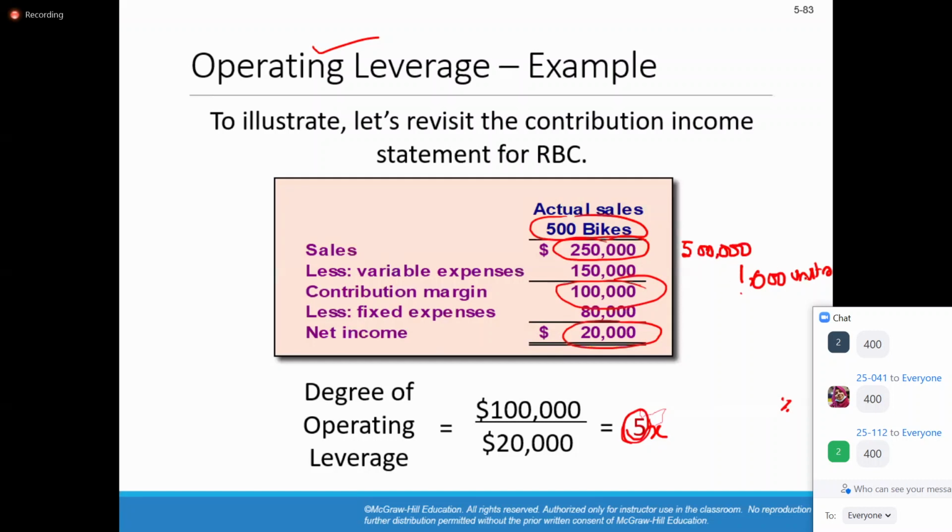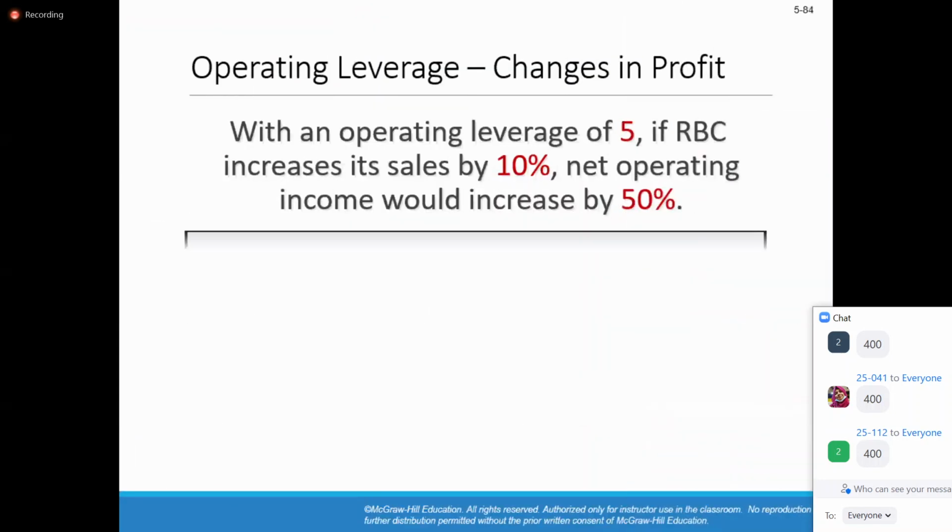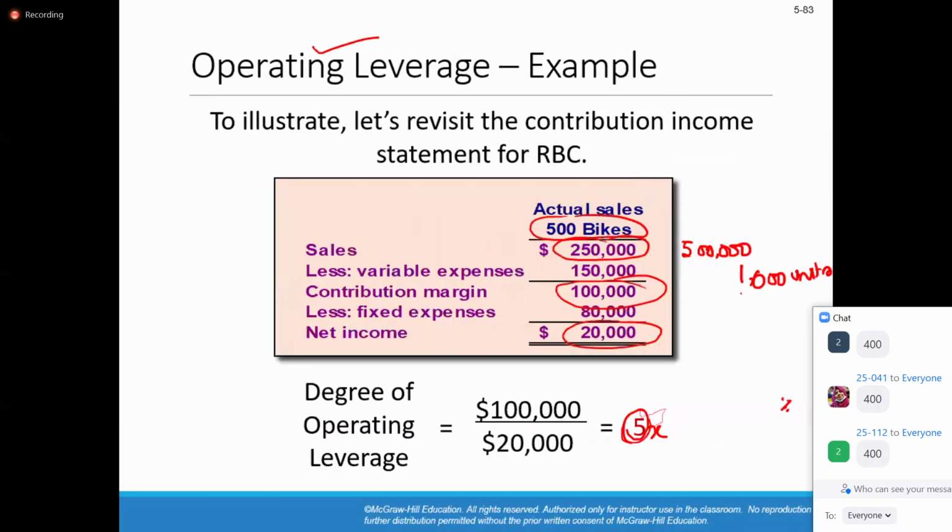Can you recall that I wrote the relation of 60%? The variable expense will be 300,000. And my contribution margin is 200,000. And fixed expenses is 80,000. And net operating income is 120,000.